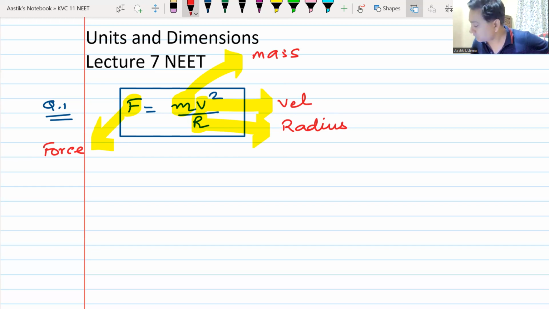I'll give you time to solve it. If you remember, we had written some 4 or 5 points about dimensions, and in the entire chapter we are using those 5 points. So using the knowledge that you have gained, what do you think about this equation?